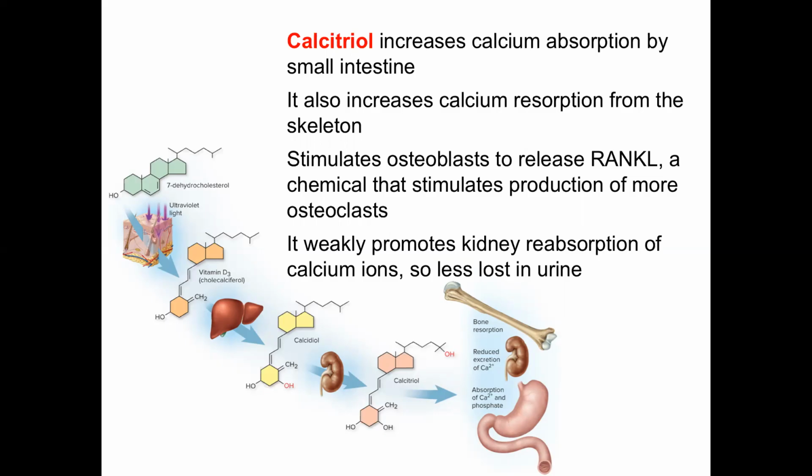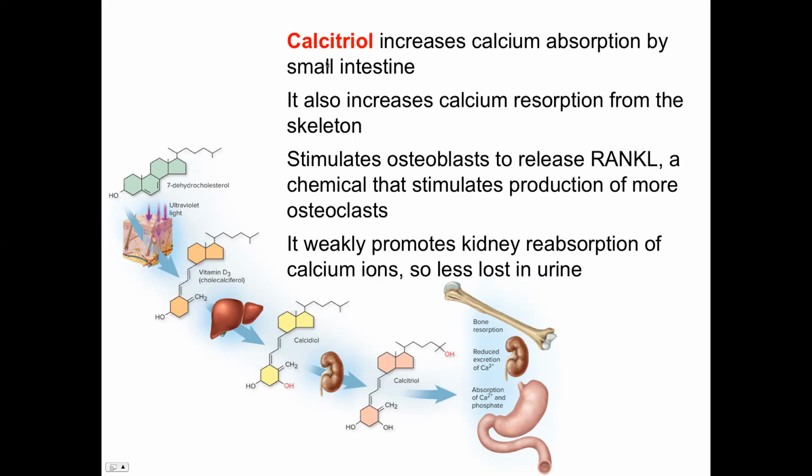Now, calcitriol is also going to help bring calcium out of the bone, very much like parathyroid hormone, by stimulating the osteoclasts, and ironically, by telling the osteoblasts to release this cytokine, RANKL, all right? And then it also very weakly helps the kidney reabsorb calcium from the filtrate, so it doesn't go into the urine, all right?